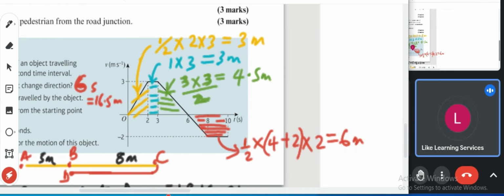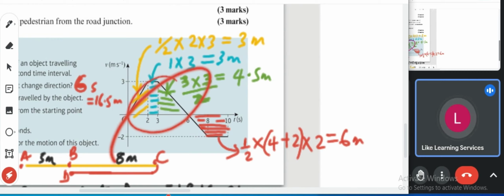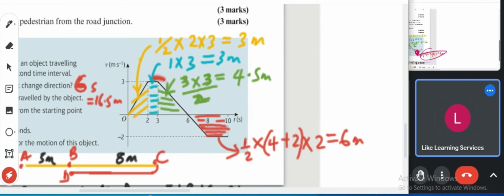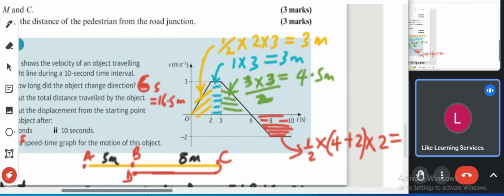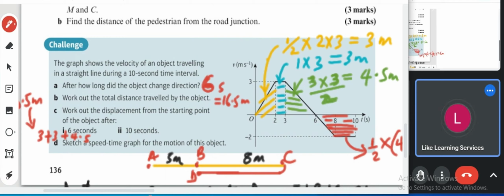So in fact, the bigger minus the smaller, as the case may be. For the forward motion, it is 10.5. For the backward motion, it is 6. That's 4.5. So 10.5 minus 6, which is 4.5.